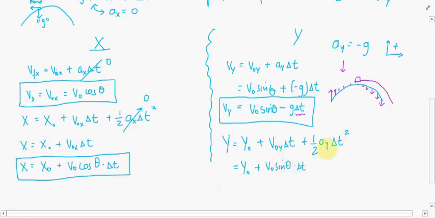Acceleration in the y direction is minus g, so let me write it out in full: minus g times change in time squared, but a plus times a minus just becomes a minus. So the final position is equal to the initial position plus v sub naught sine of theta times the change in time minus 1/2 g change in time squared.